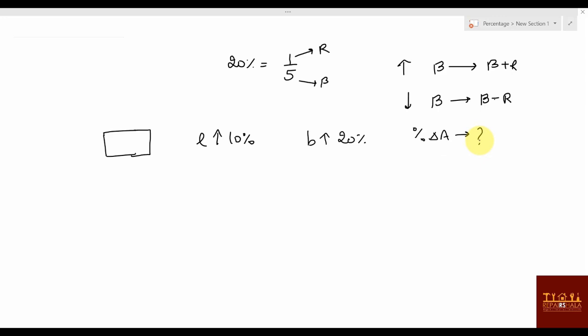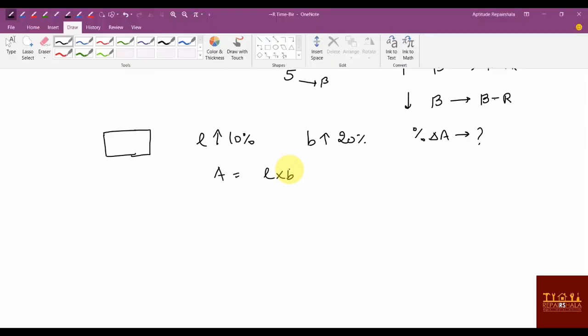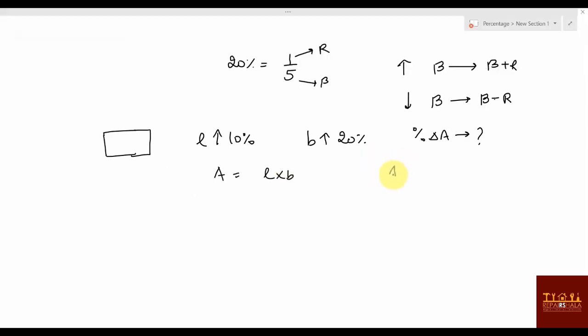One thing is very sure, that area equals length into breadth. So you remember A plus B plus AB by 100, directly. So 10 plus 20 plus 10 into 20 by 100. This value will be 32 percentage. One way of doing it.